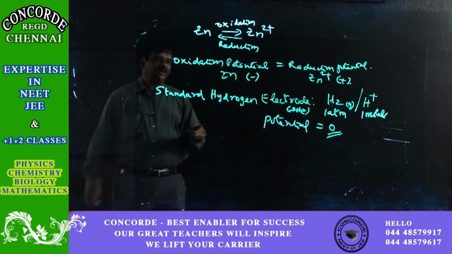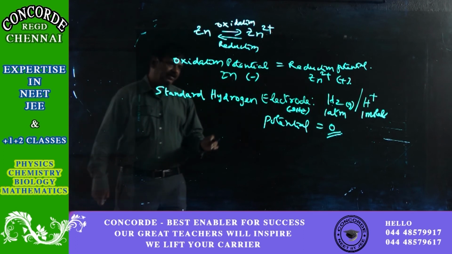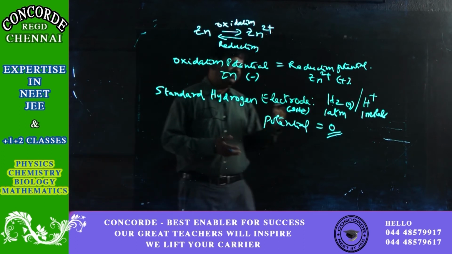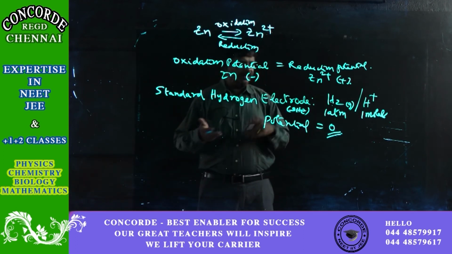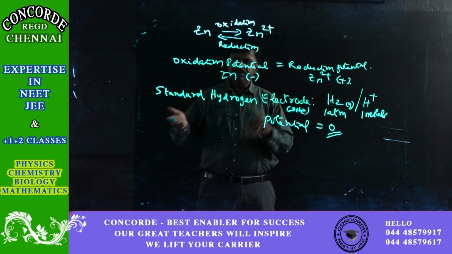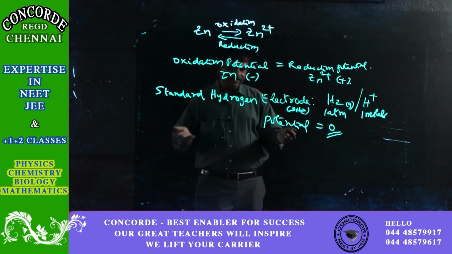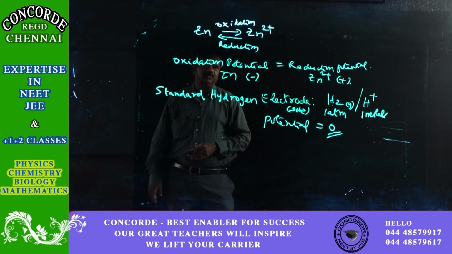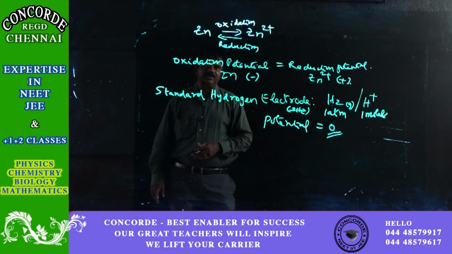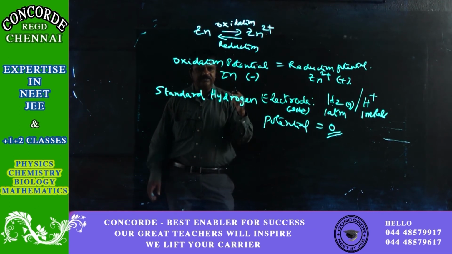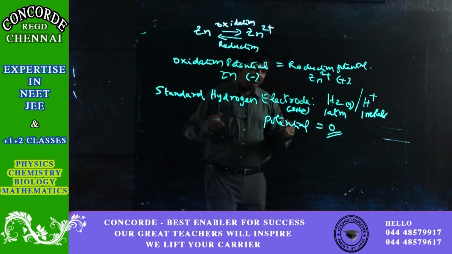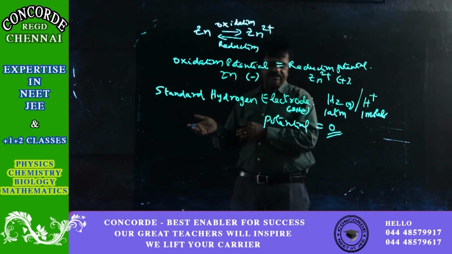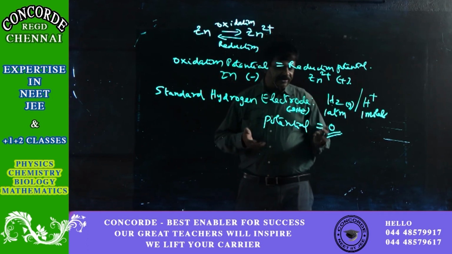Once this standard is maintained, using this standard hydrogen electrode as either the anode compartment or the cathode compartment, the potential of other things like zinc or copper or any sort of ions, aluminum or anything, can be found out. Once this is taken as one of the electrodes, the potential of the other can be very easily determined, because on one side it is 0.